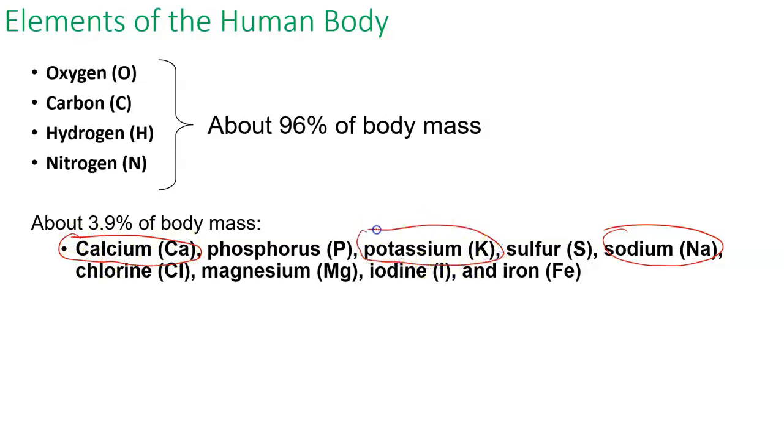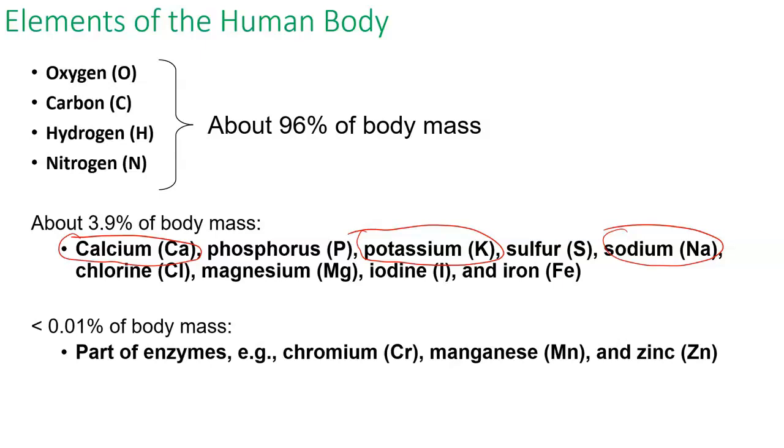Specifically, what we're going to see is how these 3 have a huge role in specifically our nervous system, our skeletal system. So even though they're in smaller amounts, very important. And then there's a very, very tiny or trace amount of things that make up our body mass, which are considered parts of enzymes.